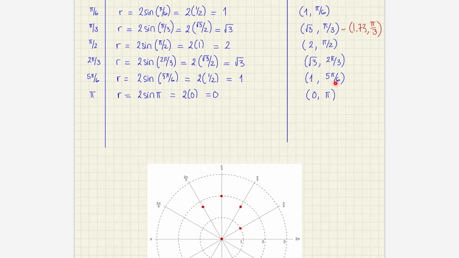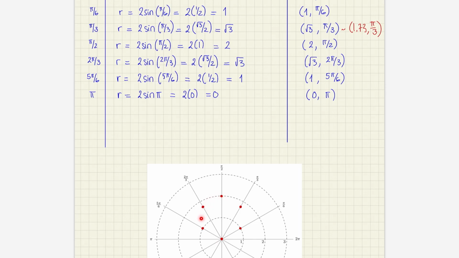Next point is 1, 5 pi over 6. So 1 pi over 6, 2 pi over 6, 3 pi over 6, 4 pi over 6, 5 pi over 6. And then next point is 0, pi. So the distance is 0, you rotate pi, you get to here. So this point is 0, 0, 0, pi, 0, 2 pi, 0, 3 pi, and so on.